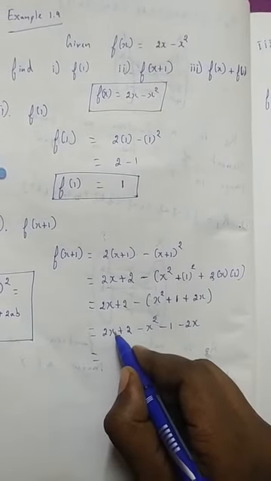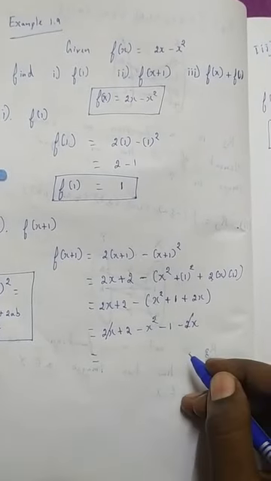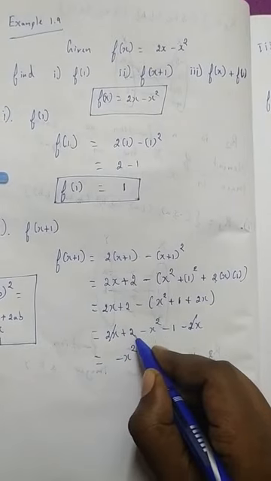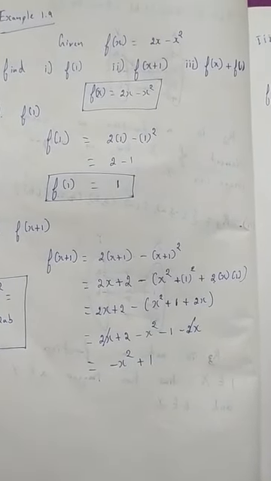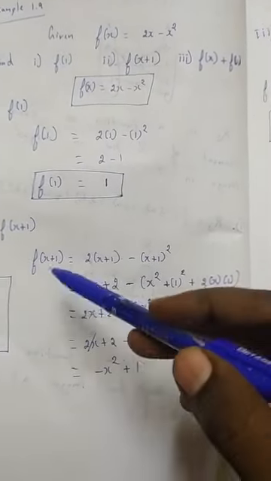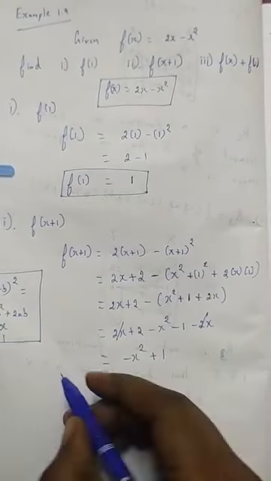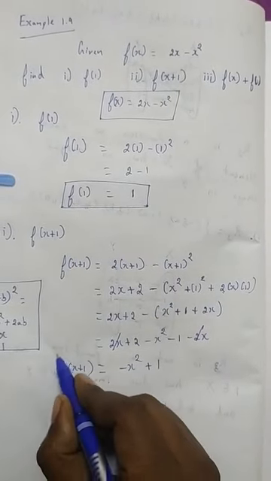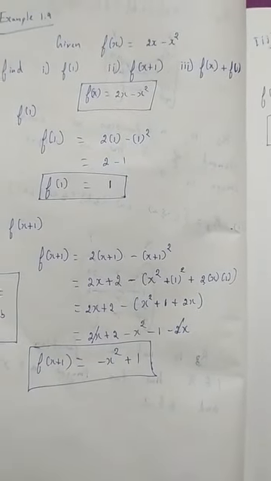Now plus 2x minus 2x get cancelled. Minus x square is here, so minus x square. 2 minus 1 is plus 1. Therefore f of x plus 1 is equal to minus x square plus 1, right?